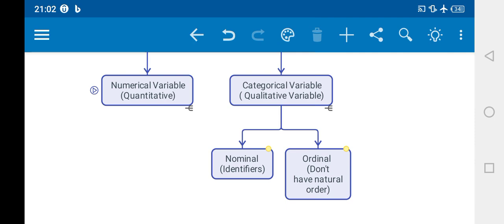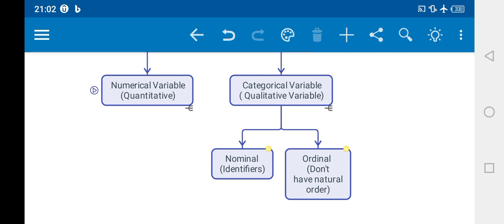Same goes with the CNIC number. That is a number, but it is also used for your identification. So these are called identifiers. If I ask about gender, which is male and female, it's also used for identification purposes. So this type of data is called nominal data.